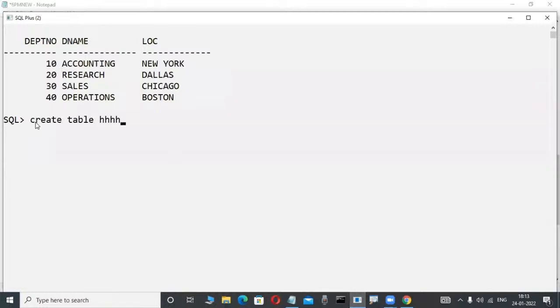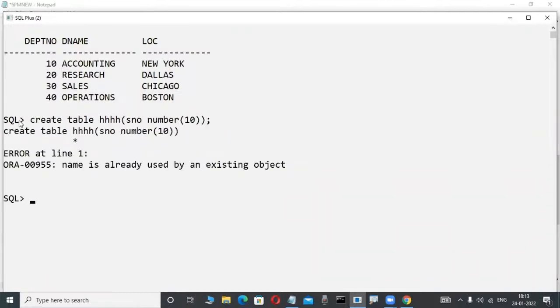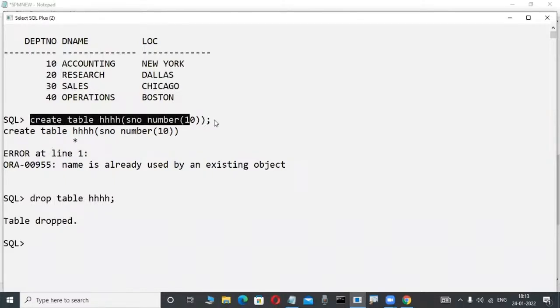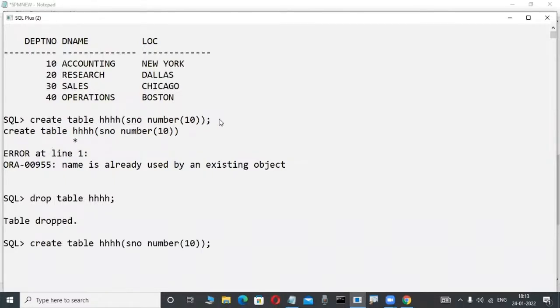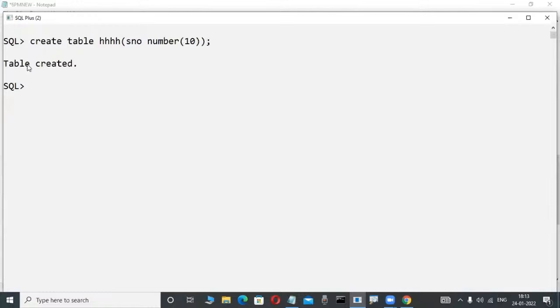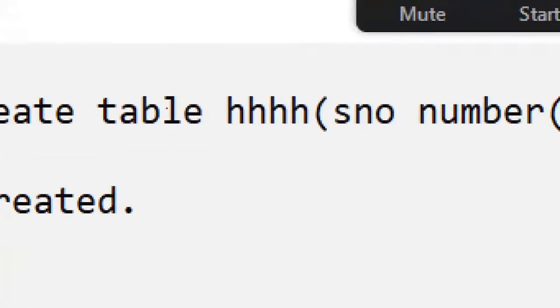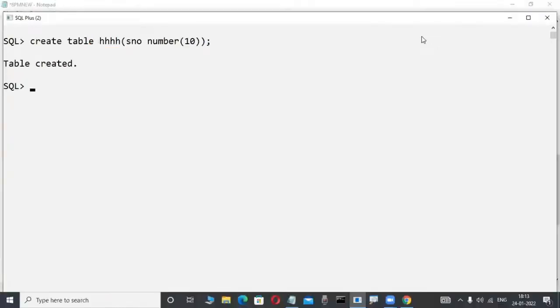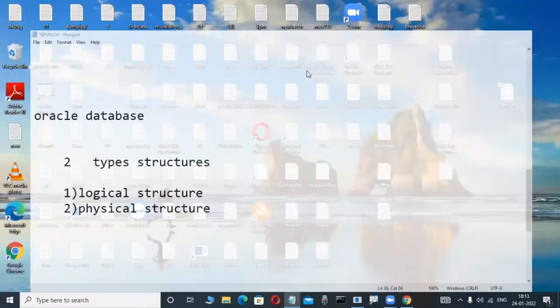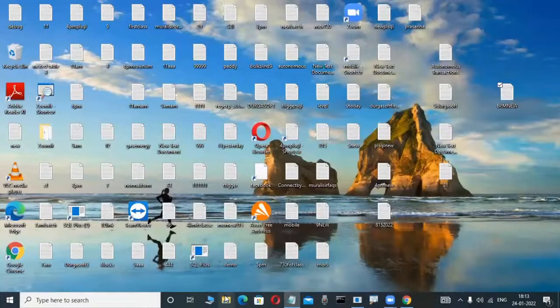Now here, observe, these tables are already there, and suppose I am creating this table in my database. Whenever I create a table, it is not visible in the operating system. Observe here, this is not visible in the operating system.